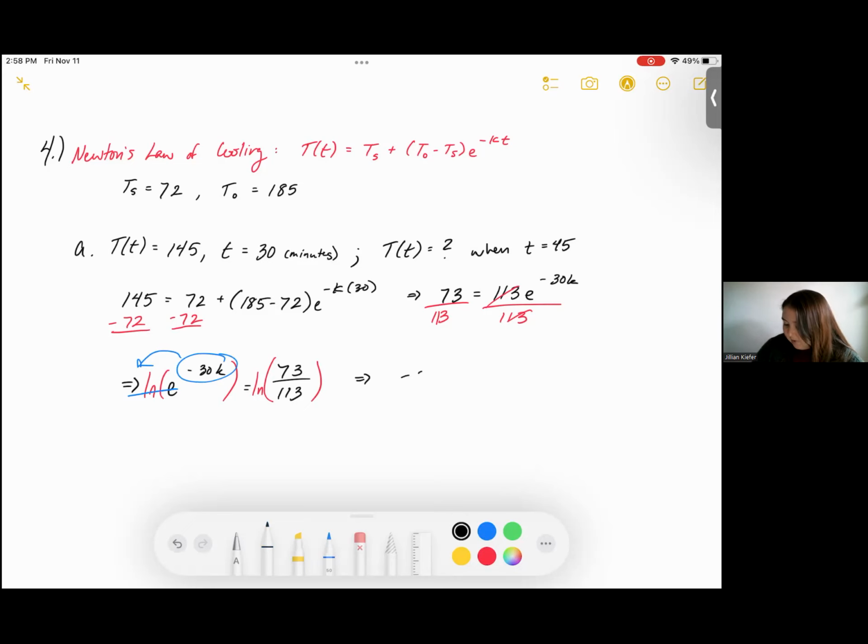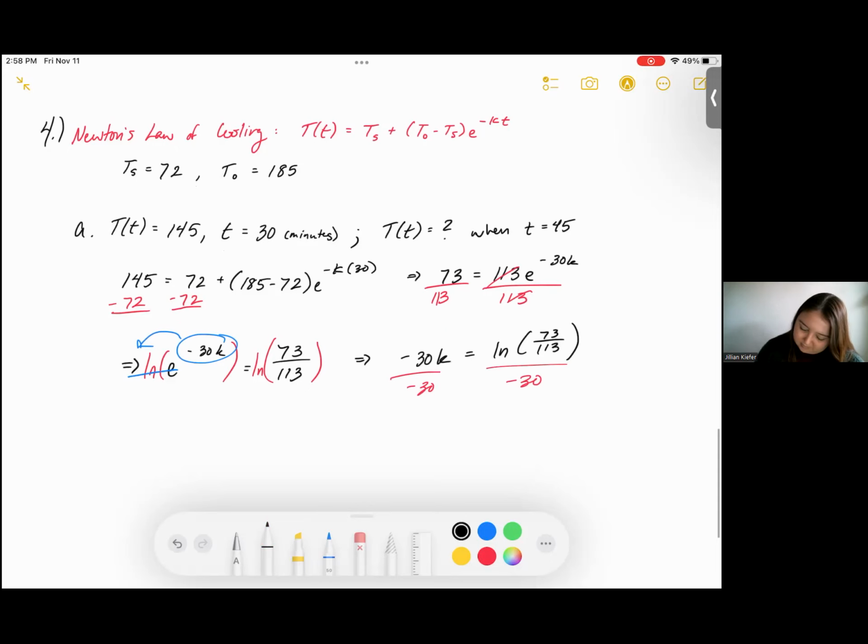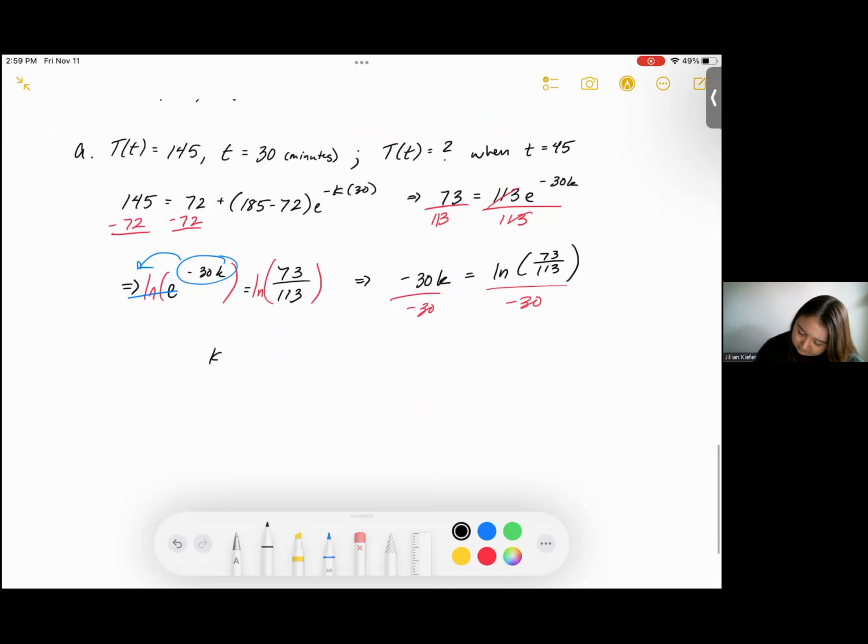So we're going to have negative 30k is equal to the natural log of 73 divided by 113. We want to solve for k, so we can get rid of that negative 30 by dividing by negative 30 on both sides. This gives us that k is equal to the negative natural log of 73 divided by 113, divided by 30, which we want to find the value of.